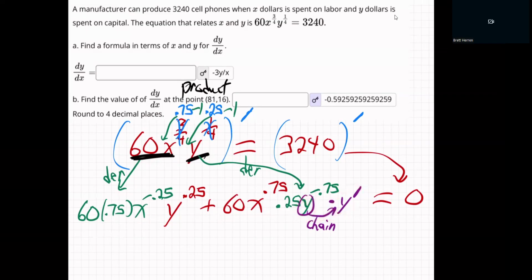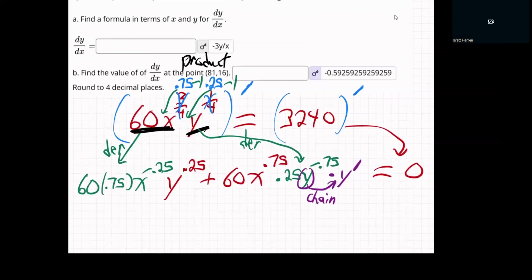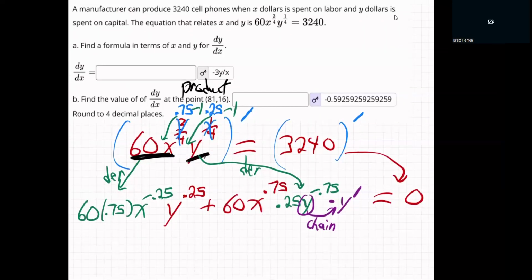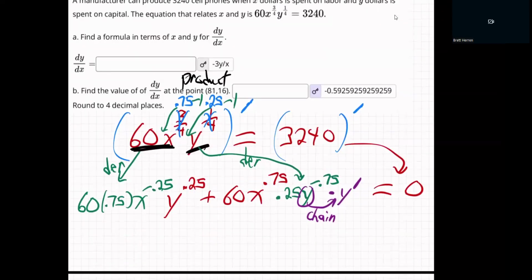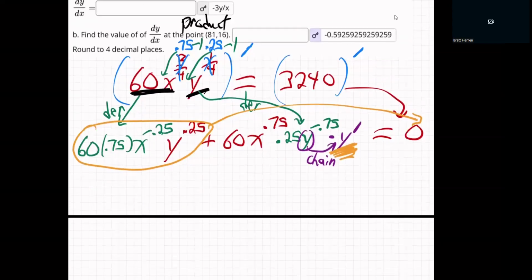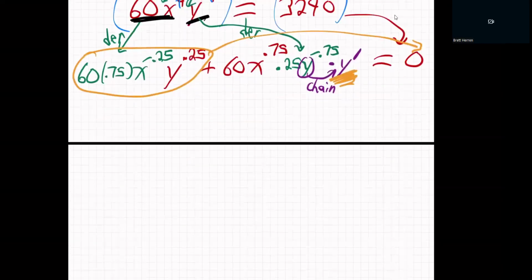Okay, so now we need to solve for y prime. I'm going to grab this whole term right here, because here's the y prime, and bring it down here.